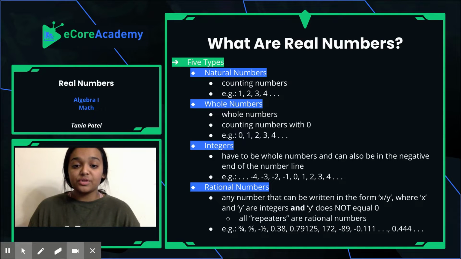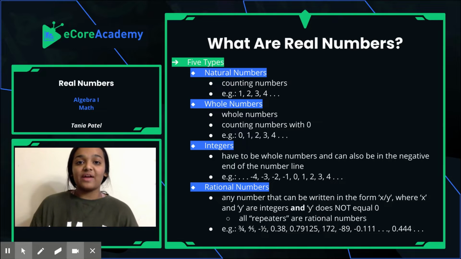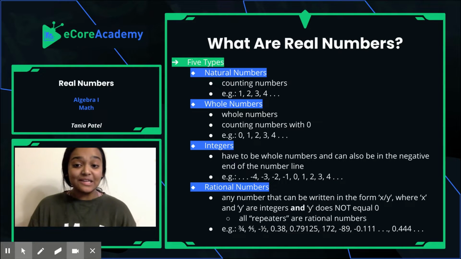Additionally, for rational numbers, a giveaway would be to realize that if it's a repeater, then it's a rational number. When I say repeater, I just mean 0.51 repeated, which is 0.515151515151, and so on, continuously until infinity and beyond.